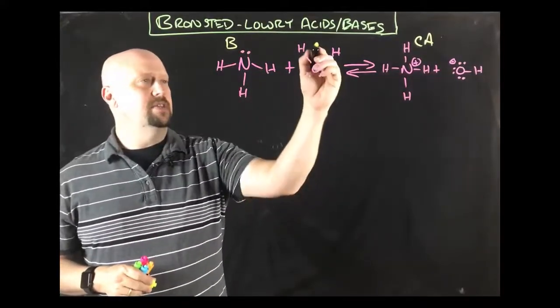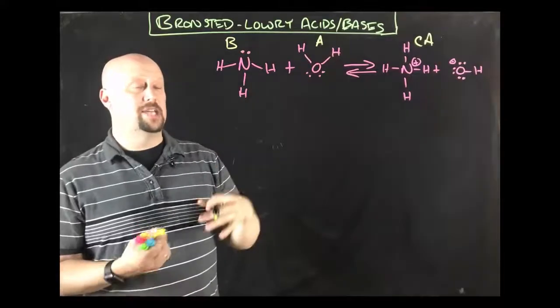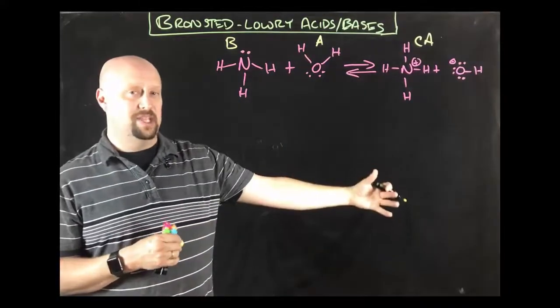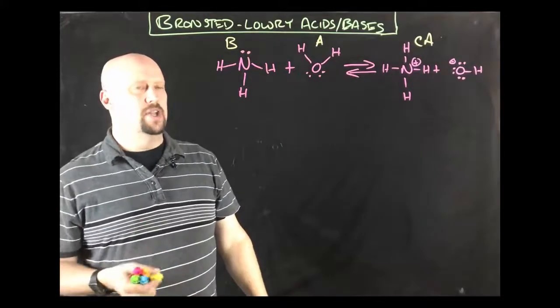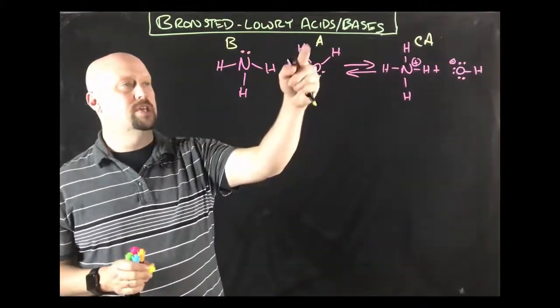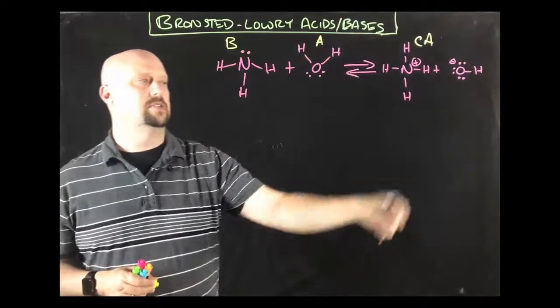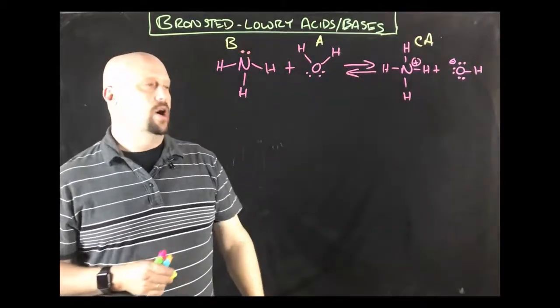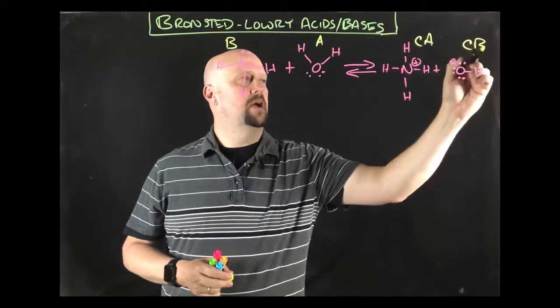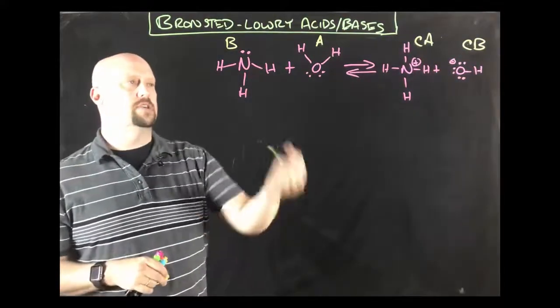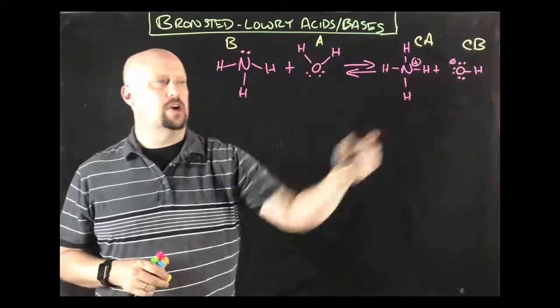The acid in this case is water, and again I said in the last example that even though water was the base in that one, it doesn't always have to be. So water is the acid in this case. I know that it is the acid because it loses a proton, it donates a proton, and it becomes OH minus. And so therefore that is my conjugate base. So now we've got our pairs: base, conjugate acid, acid, conjugate base.